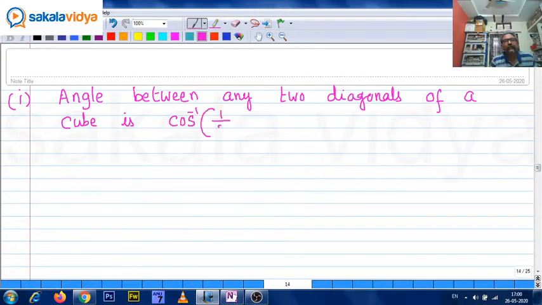Even this is useful for the vector chapter and this chapter. For example, the angle between the diagonal of a cube and the diagonal of a face of the cube, that is also there, you remember.